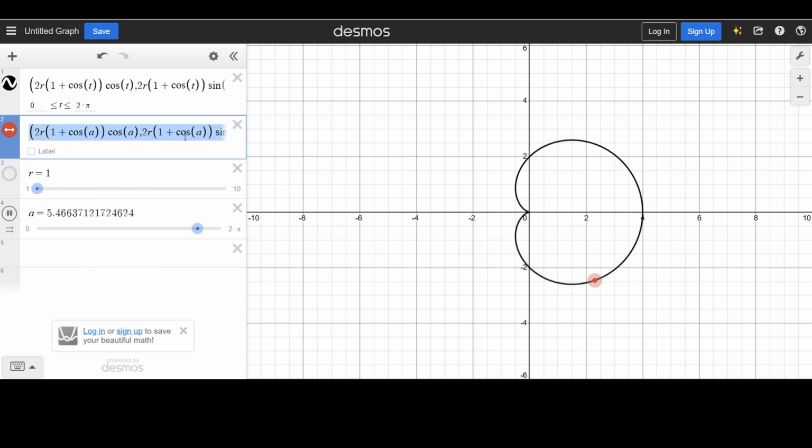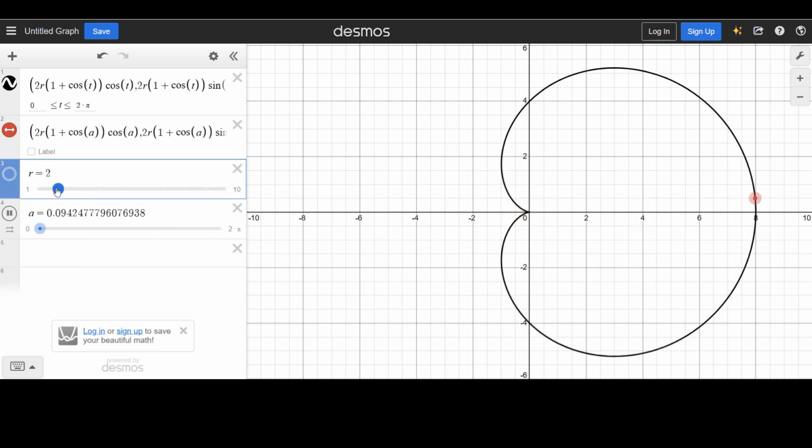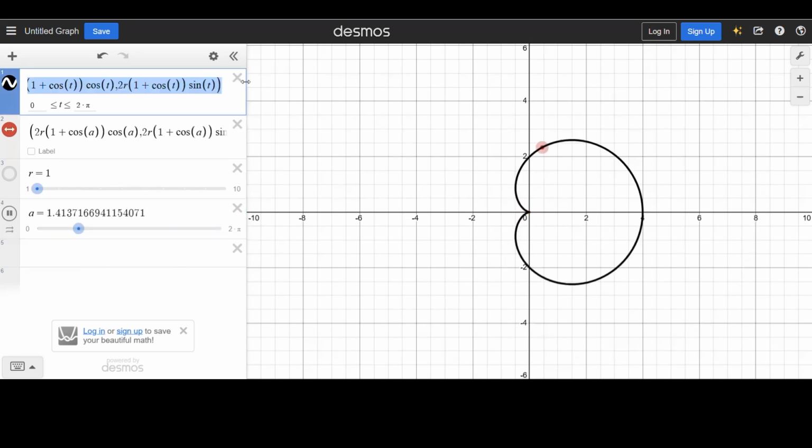As theta moves around, you see this point move around the cardioid. And you could play around with the radius, and you see the size of the cardioid change when we move r around, r being the radius of the base circle.